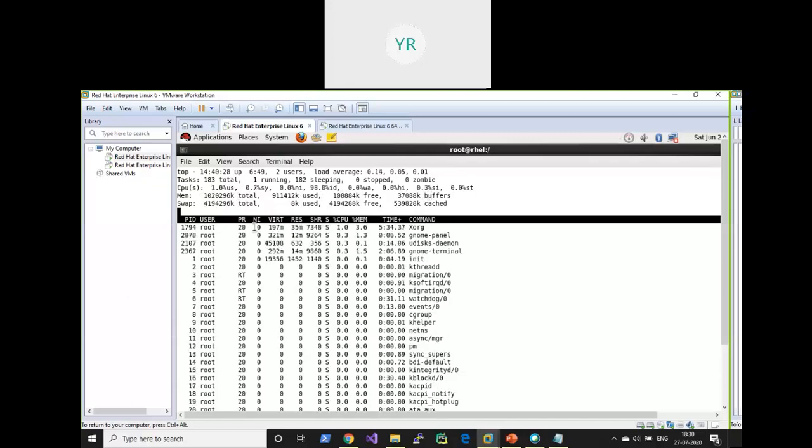Next, the fifth field is swap. It shows how much the total swap is, how much is used, how much is free, and how much is cached. I will explain what buffer cache is later, it is not the context here. Already we covered what is memory and what is swap.